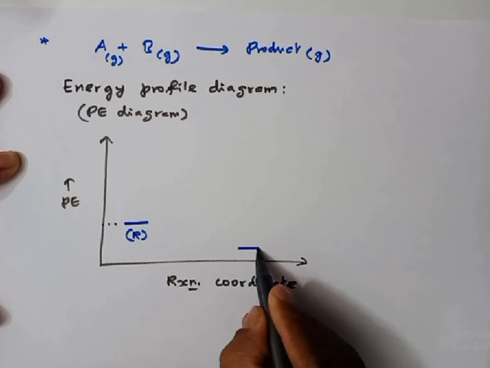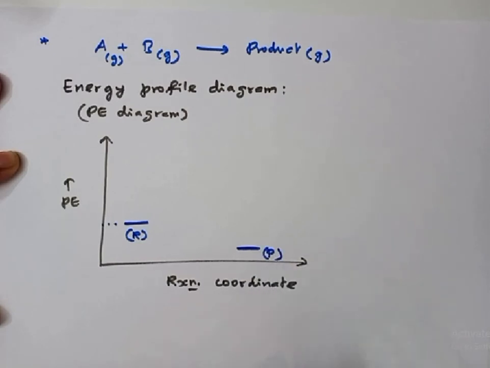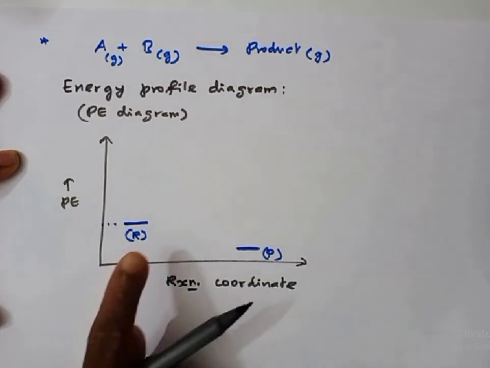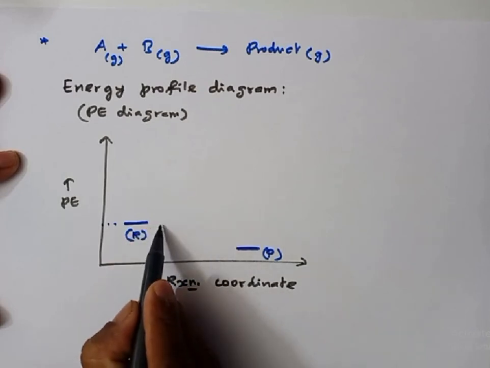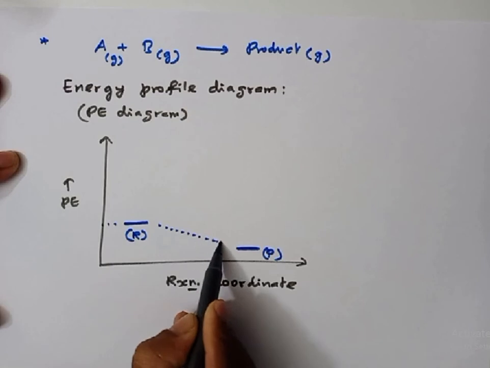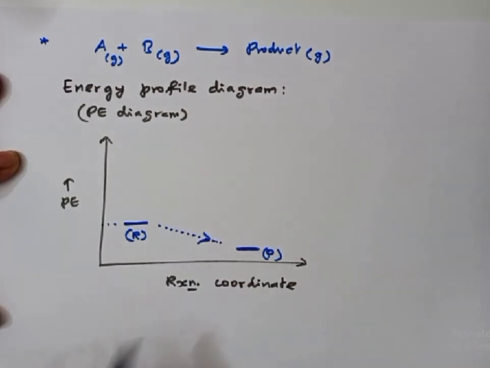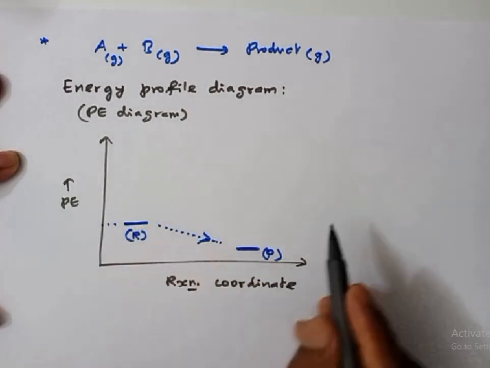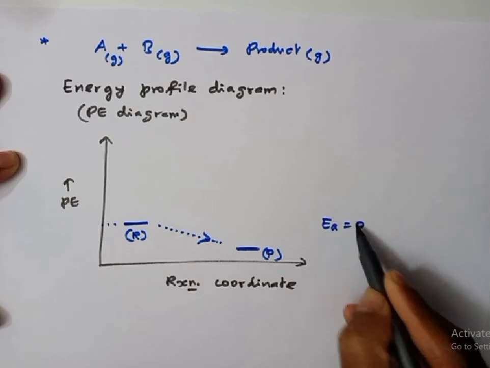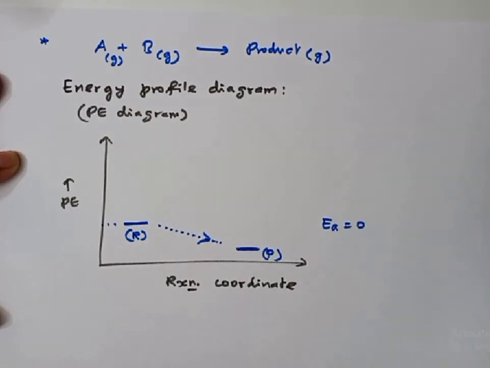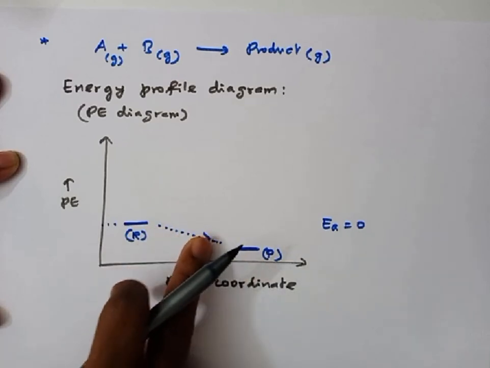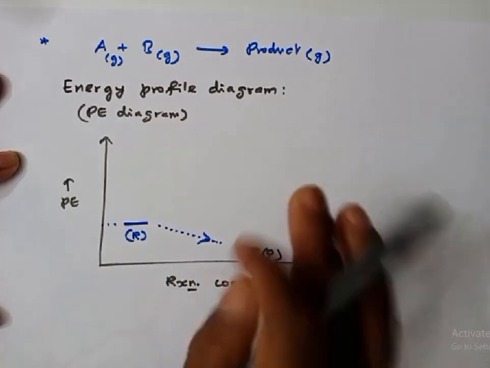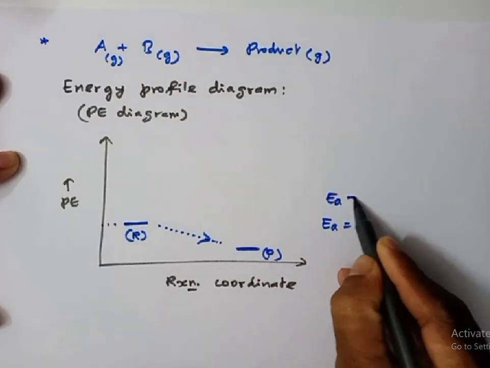Assume that this is the average energy of the product. So the reactant never forms product directly like this. This path is possible only if activation energy is 0. If activation energy is 0, then reactant directly forms product, but this does not happen in many cases. For most cases, activation energy is not equal to 0.